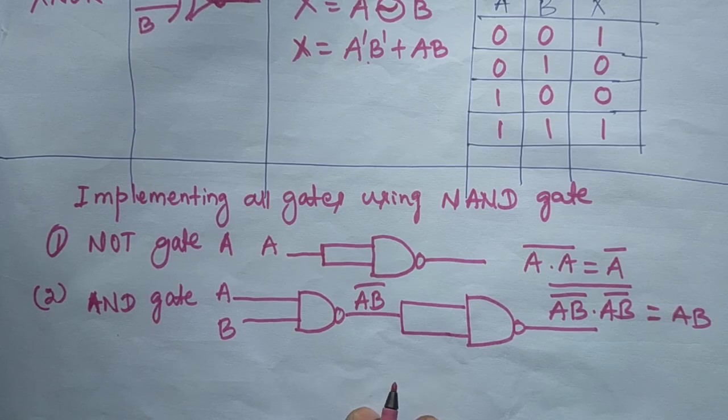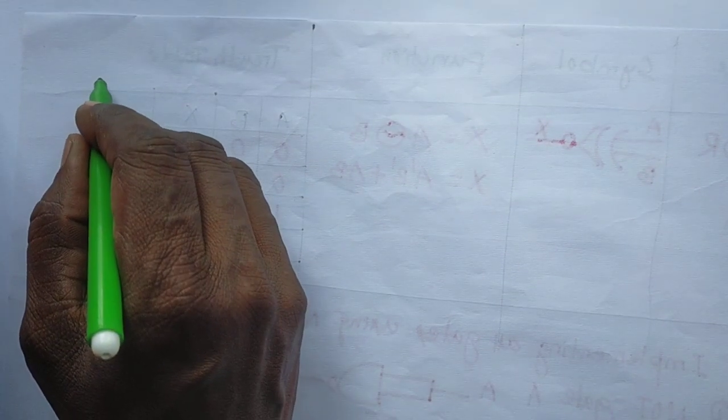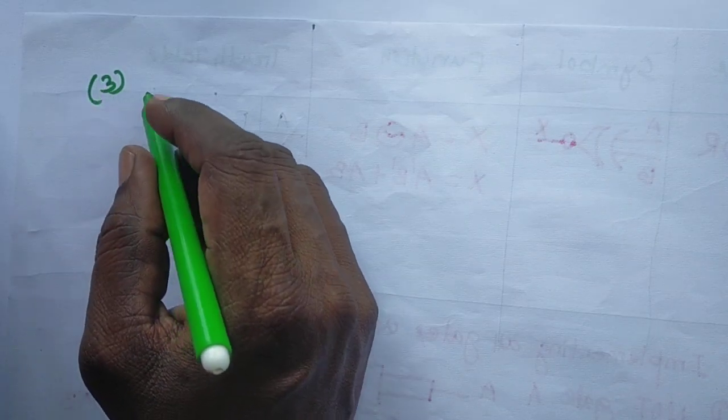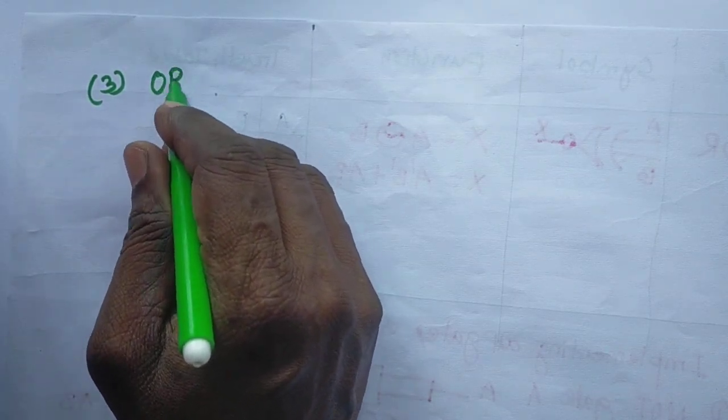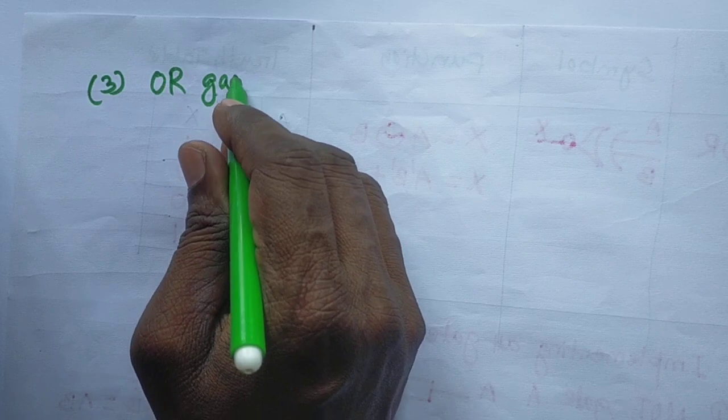Now we see different types of NAND gate circuits, I will explain. Similarly, another one, the OR gate.